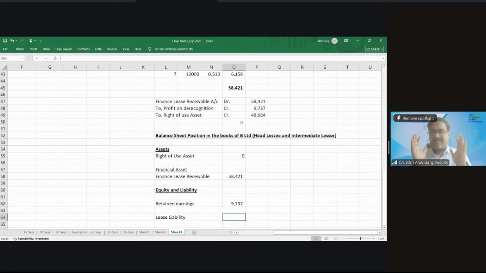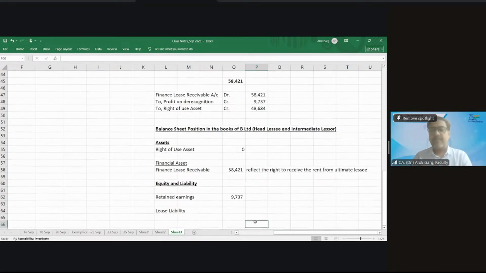See the position of B Limited. B Limited has two contracts. The first contract is with the lessor, in which B is obligated to pay to the lessor. In the second contract, B has a right to receive the rent from the ultimate lessee, right? So friends, this finance lease receivable reflects the right to receive the rent from the ultimate lessee.